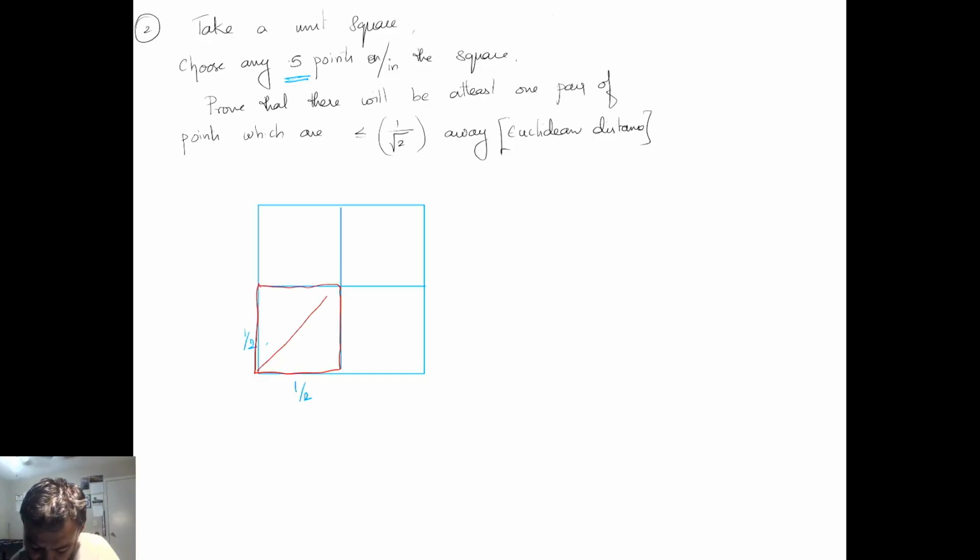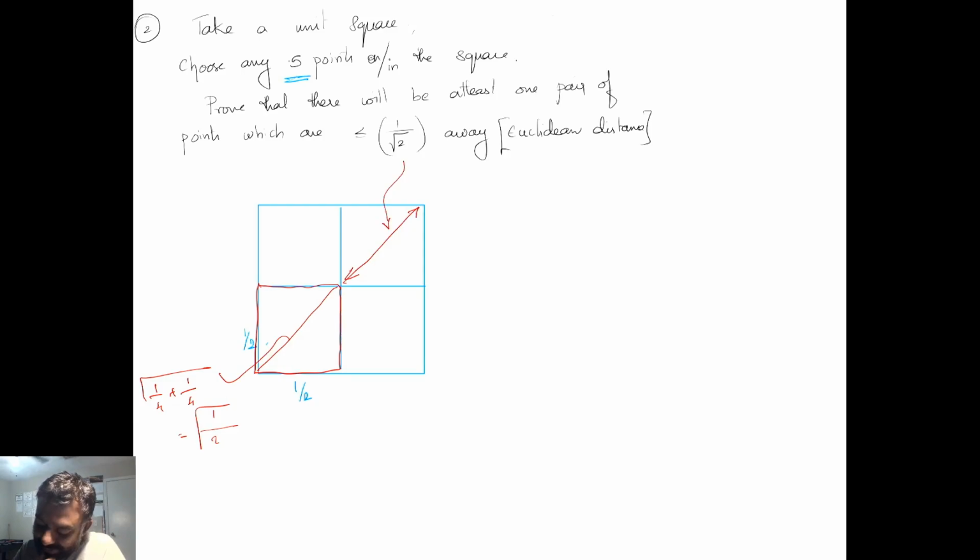What is the diagonal? The diagonal is root of 1 by 4 plus 1 by 4, which is essentially root of 1 by 2. Now do you see why the 1 by root 2 distance is used here? It is also a part of the 4 half-length squares.